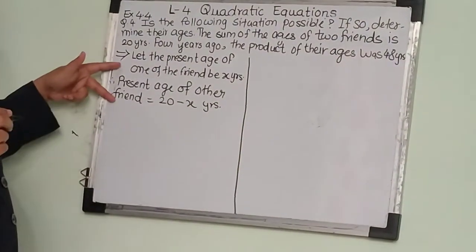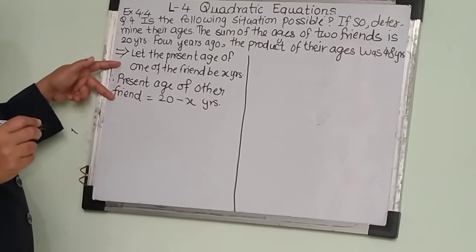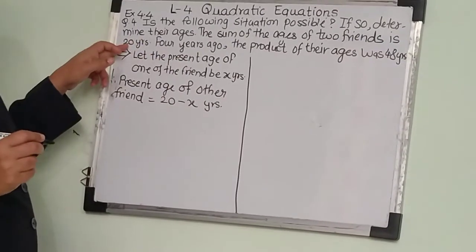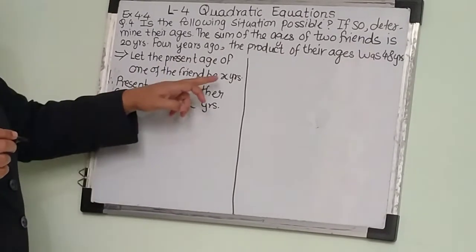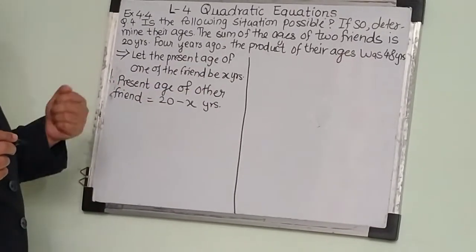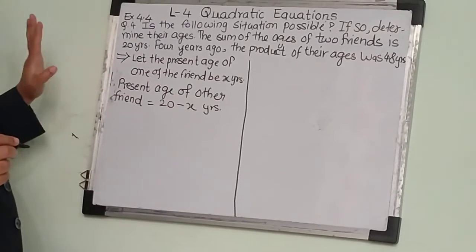Because when we add both the ages, we will get 20. Because x plus 20 minus x, the x and minus x get cancelled, 20 is left. So our condition is true.